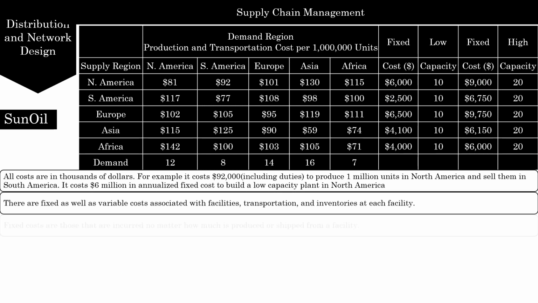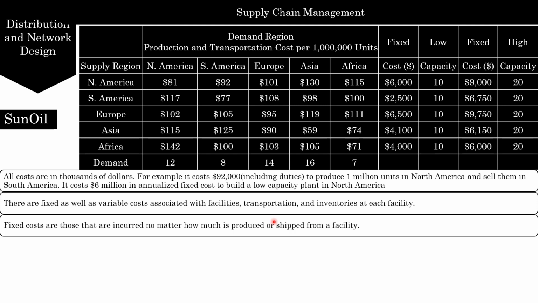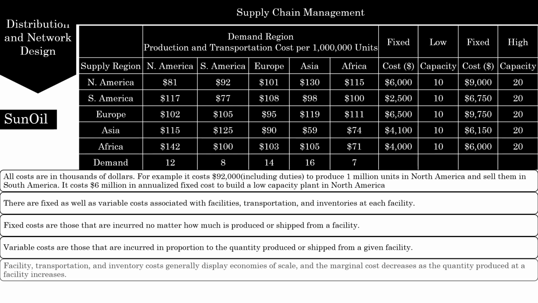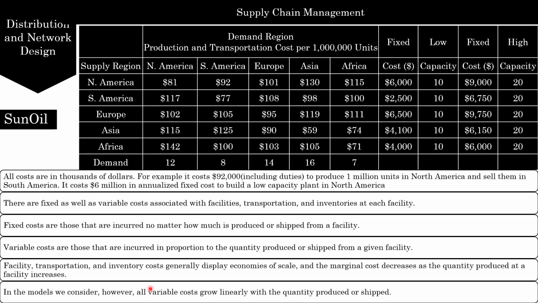The fixed cost occurs no matter how much is produced or shipped from the facility. Variable cost is incurred in proportion to the quantity produced. And in this particular case, we are assuming that variable cost is going to grow linearly as quantity is produced or shipped. Now here, demand and capacity are all in thousands of units.